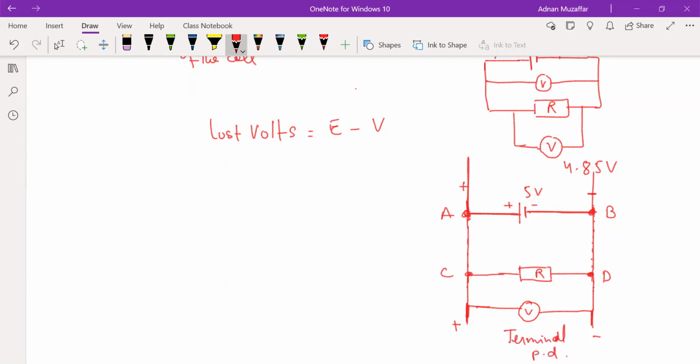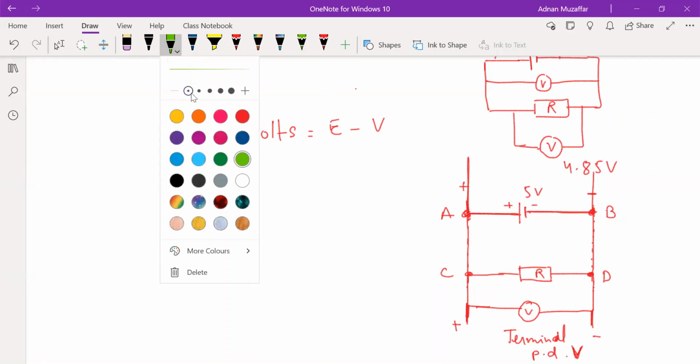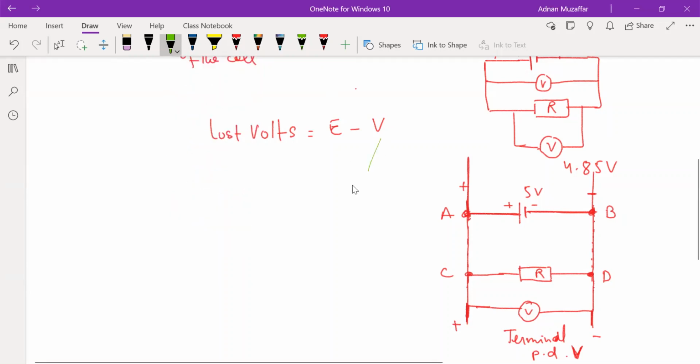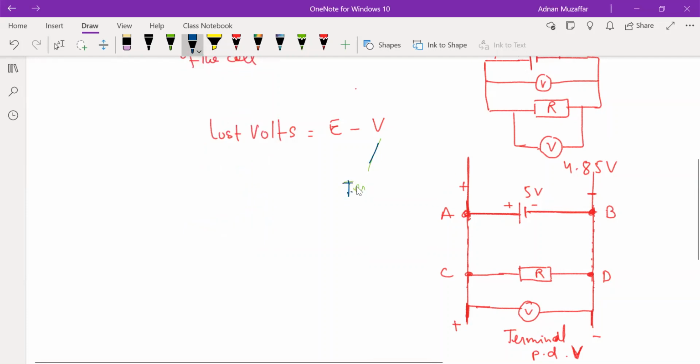Whenever there is capital V in our circuits, it is used as terminal PD. In this formula, this is terminal PD, and here it is EMF.